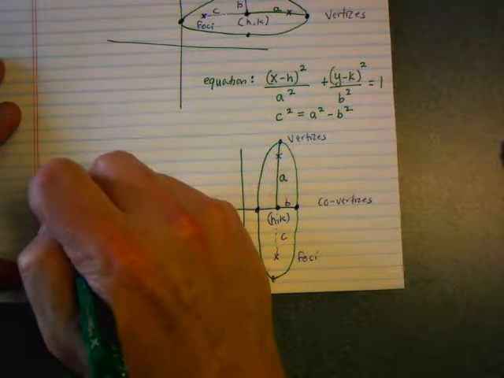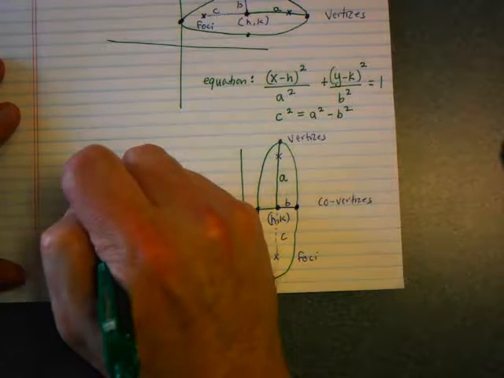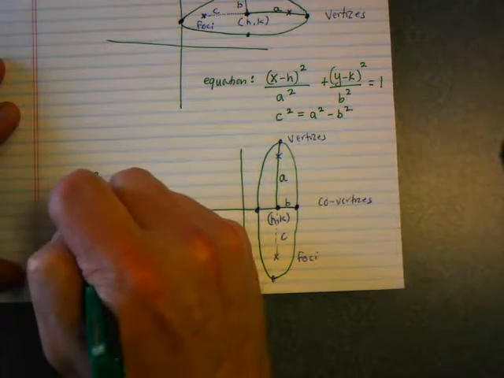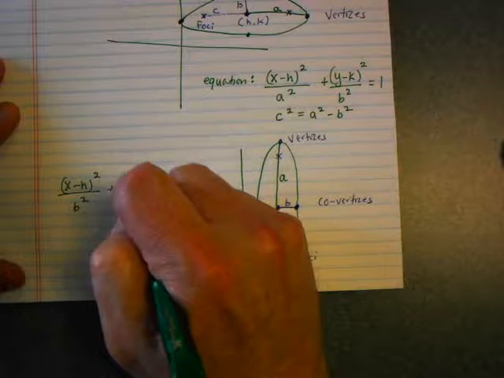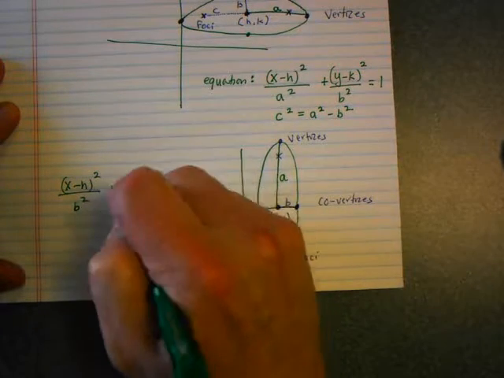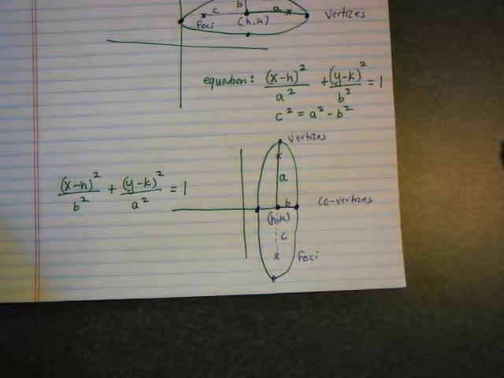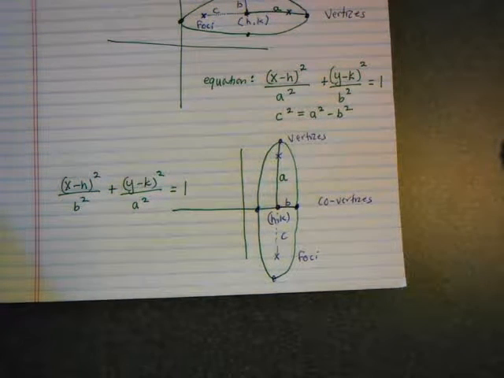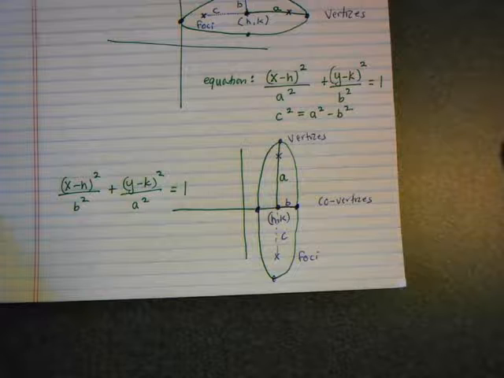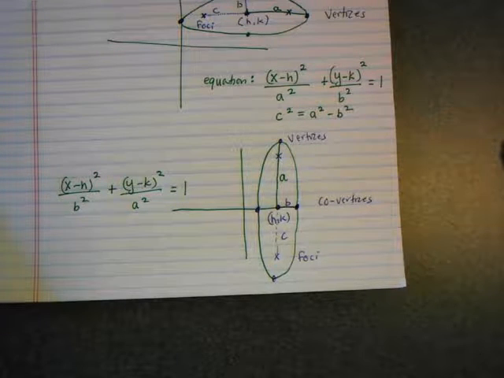We have x minus h squared over b squared plus y minus k squared over a squared equals 1. So what's really the only thing that changed? The denominators.